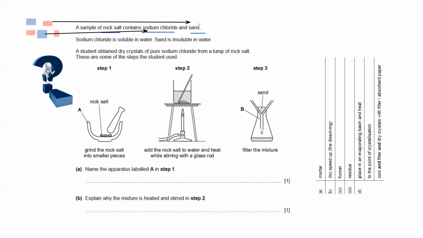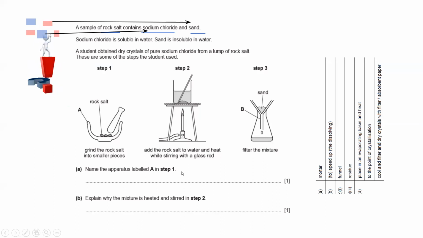So a student obtains dry crystals of pure sodium chloride from a lump of rock salt, like he has a large piece of rock salt. These are some of the steps the student uses. First he grinds the rock salt into smaller pieces, and what do we call this apparatus?